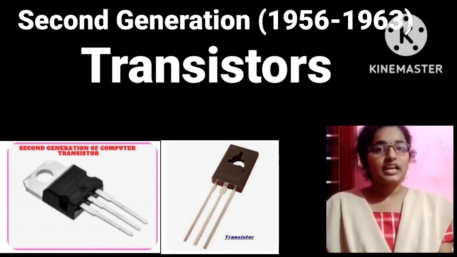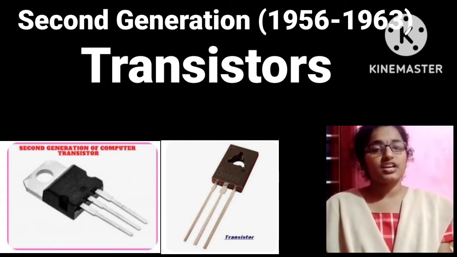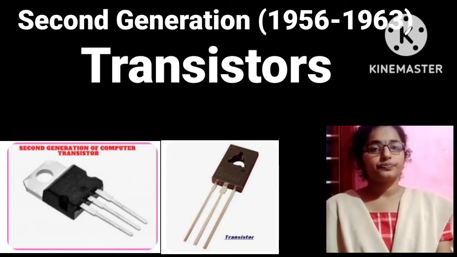Programming languages were assembly language and high-level languages such as COBOL, Fortran and Snowball. Advantages of second generation computers are they consume less electricity. They were smaller, cheaper, and more reliable than first generation computers.